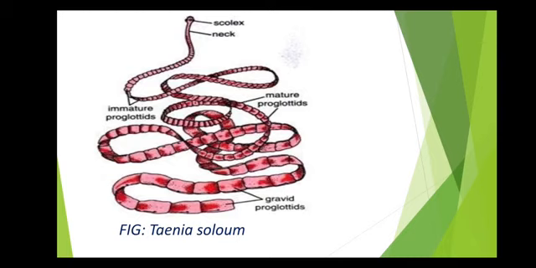Taenia solium causes a disease known as taeniasis. This disease is characterized by symptoms such as abdominal pain, anemia, false appetite, and indigestion.